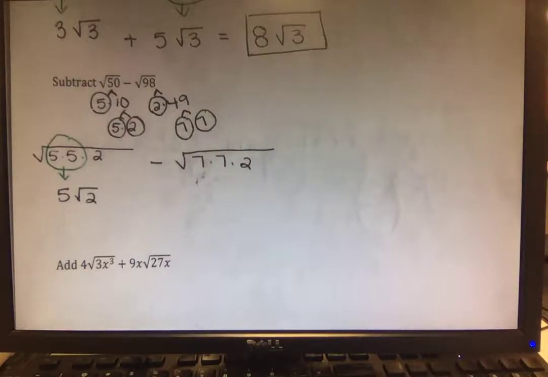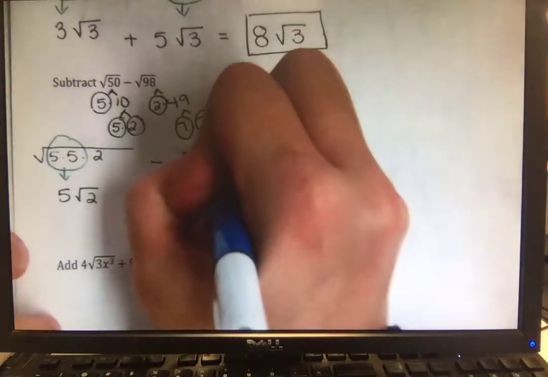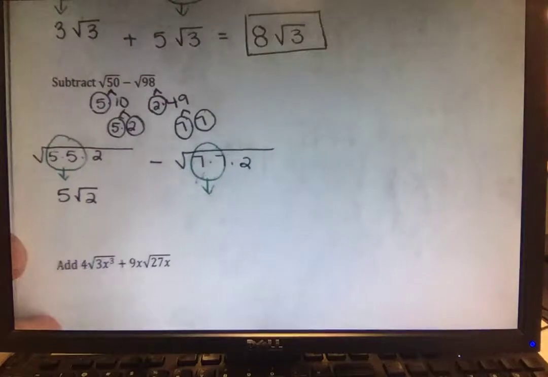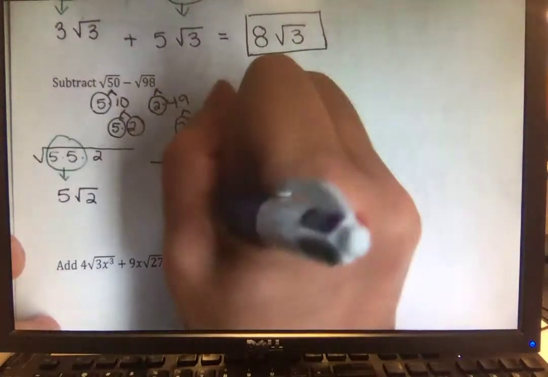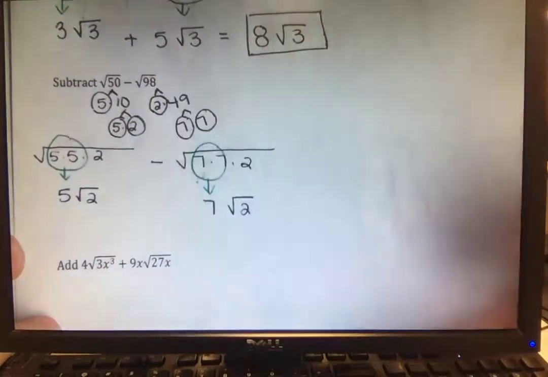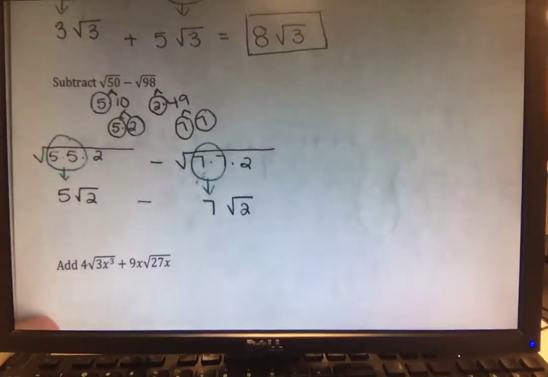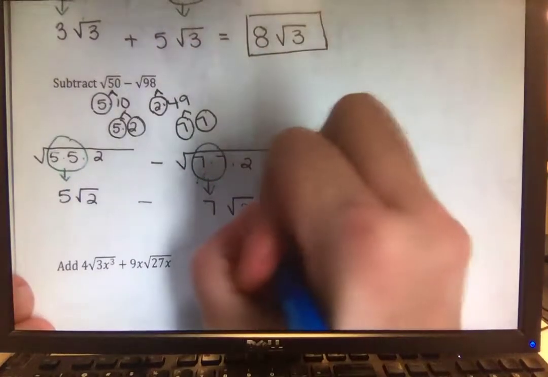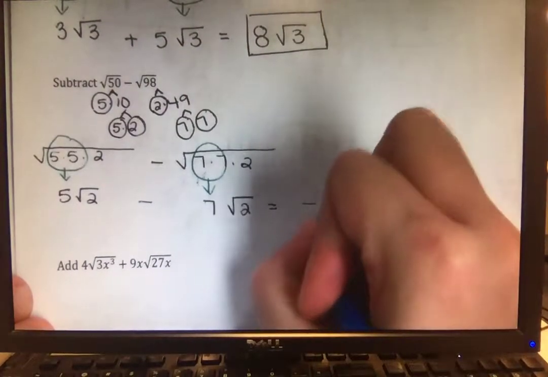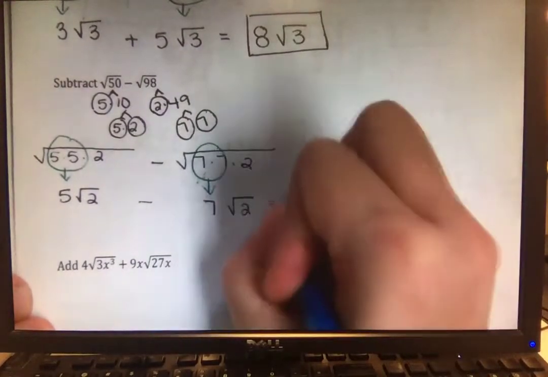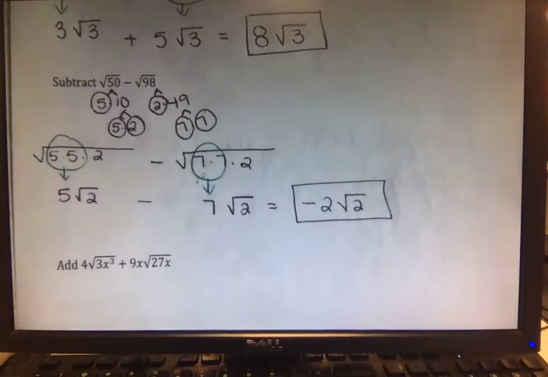It is the square root, so we're taking out 2 of a kind. So these two 7's are coming out of the radical as 7, and that 2 is staying underneath. So now I have 5 square roots of 2 minus 7 square roots of 2. So now these are like terms. 5 minus 7 will give us negative 2 square roots of 2.